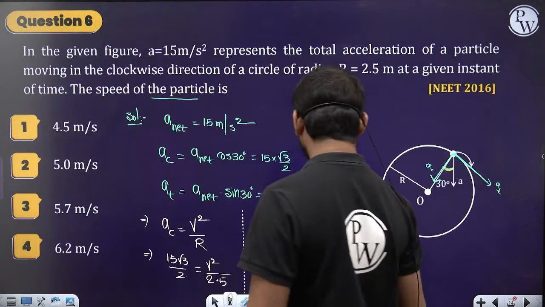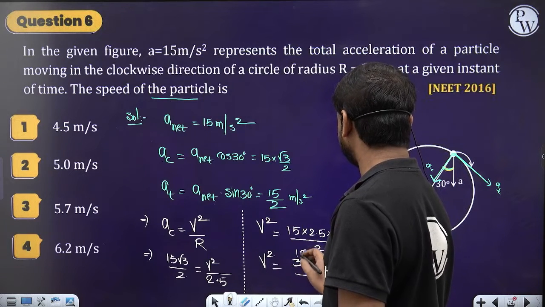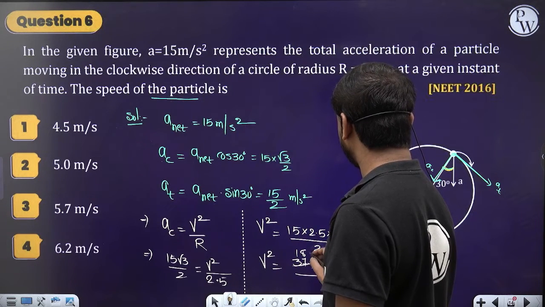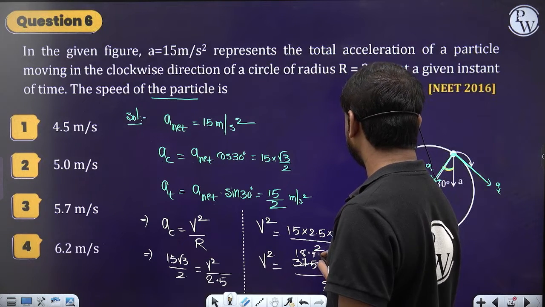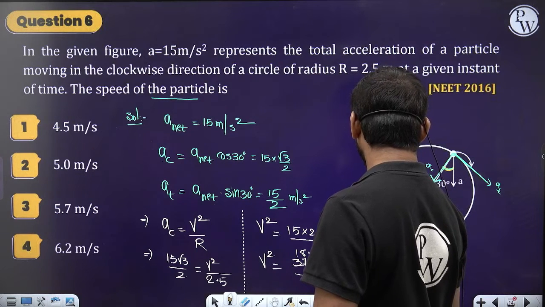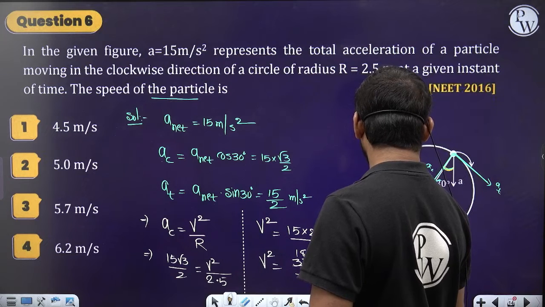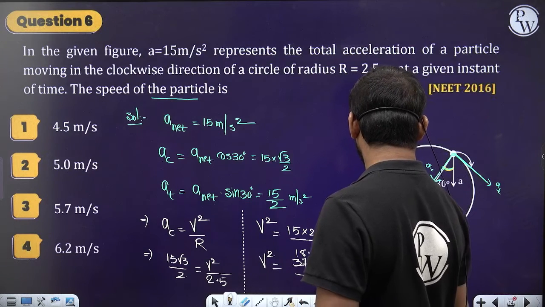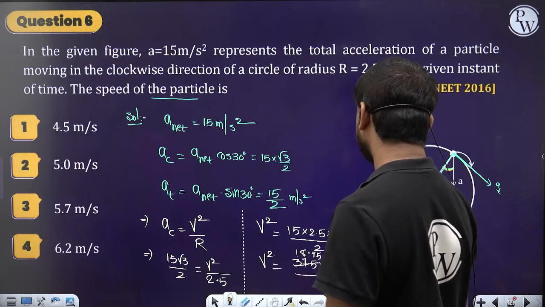So then this is 18.75 into 1.732. So this is the V square value.